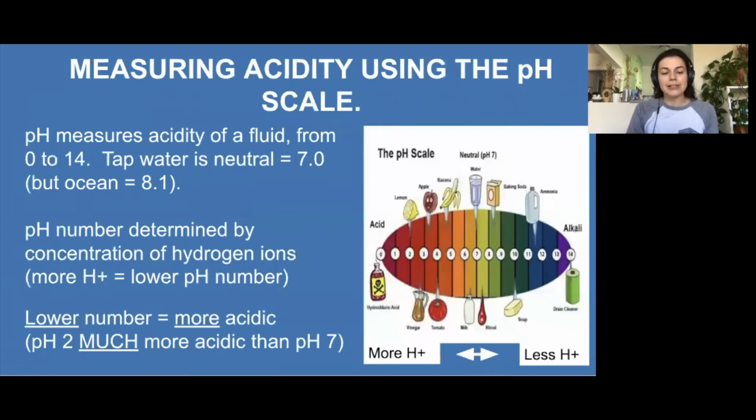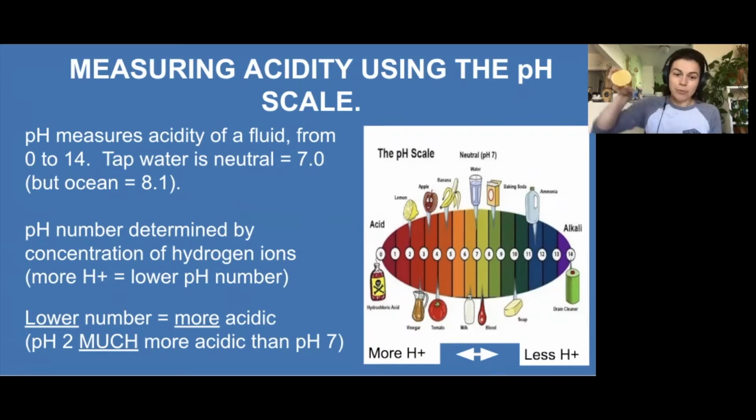So pH is a way that we measure acidity of a fluid or a solution. And we measure pH from 0 to 14, with 0 being the most acidic and 14 being the most basic or alkaline.